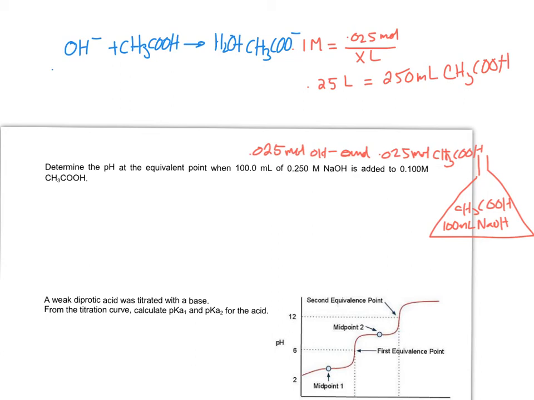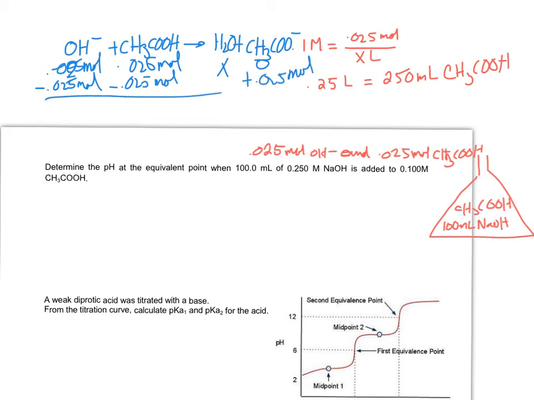So 0.025 moles, 0.025 moles, and 0. Don't care about the water. Minus 0.025 moles, minus 0.025 moles, plus 0.025 moles. So at the equivalence point, I don't have any of those, and I have 0.025 moles of my acetate.